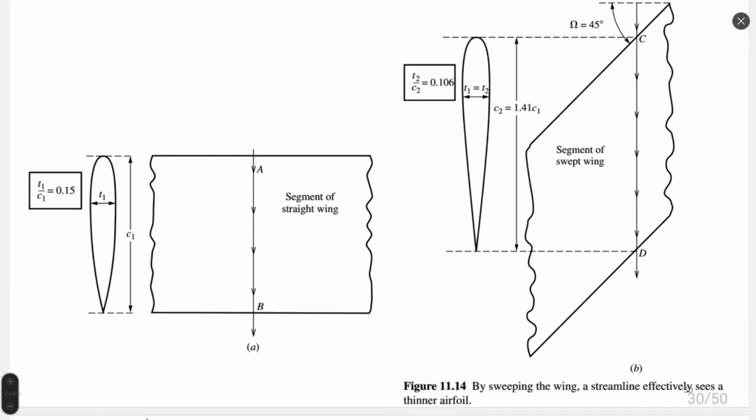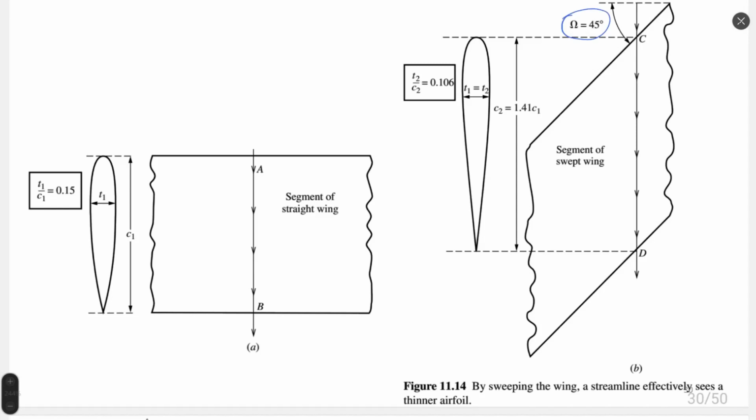Another way to increase efficiency and to fly faster is the so-called swept wing. What we like in a thick airfoil, as I told you already, is that it's efficient, but unfortunately a thick airfoil cannot be used for high velocity flight. But if we would like to keep the efficiency of a thick airfoil, we can just incline the whole wing. For example, here on figure 14, we see this wing inclined 45 degrees.